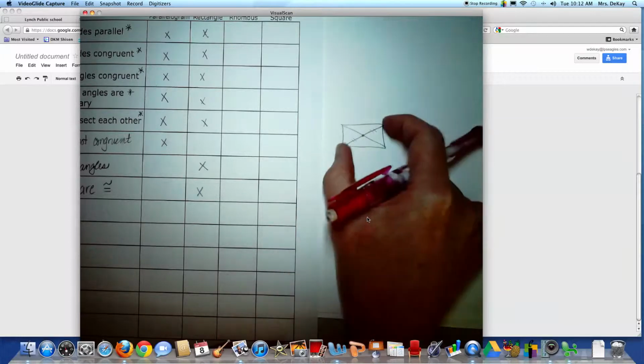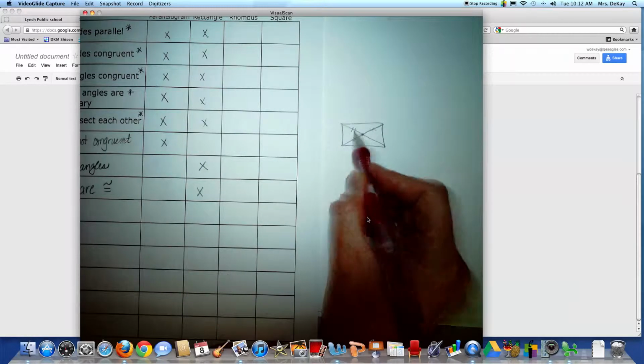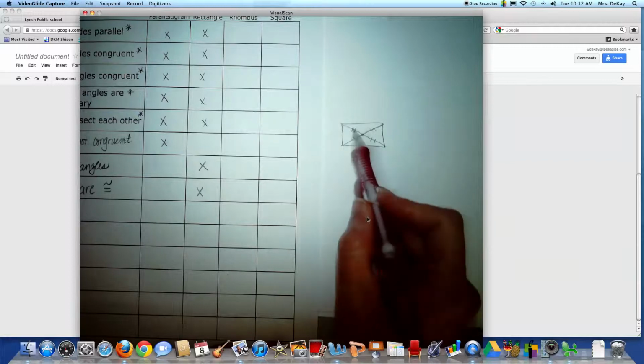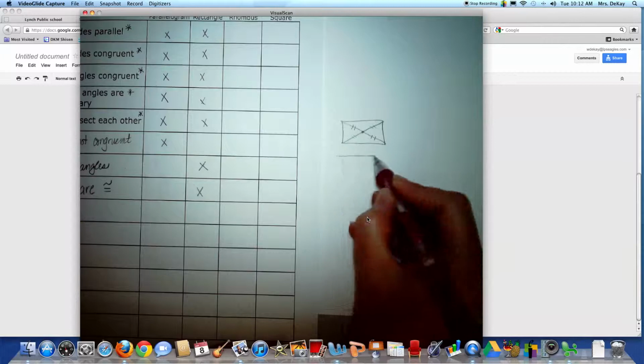But because the long diagonals are equal to each other, these also get the same amount of markings. These all 4 are the same size, all 4 of these lines. We're in a regular parallelogram.